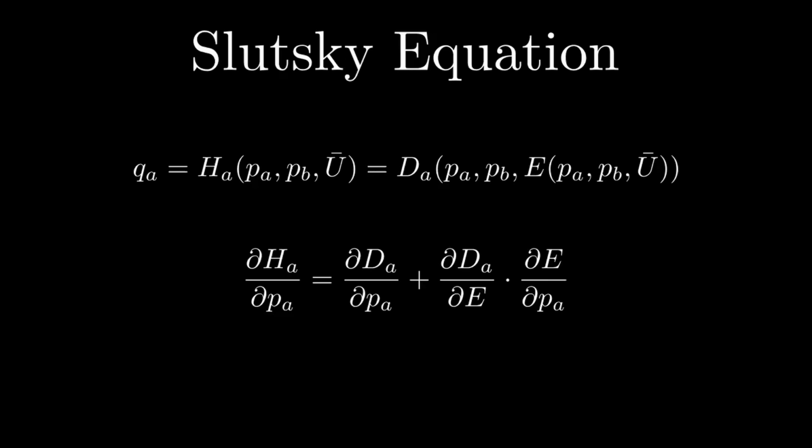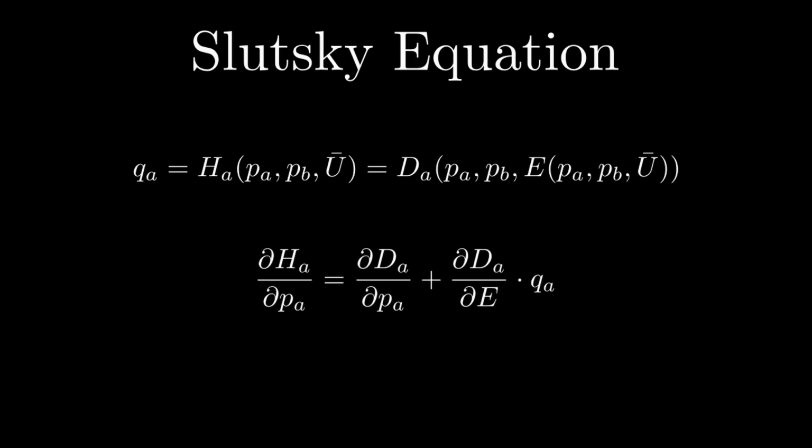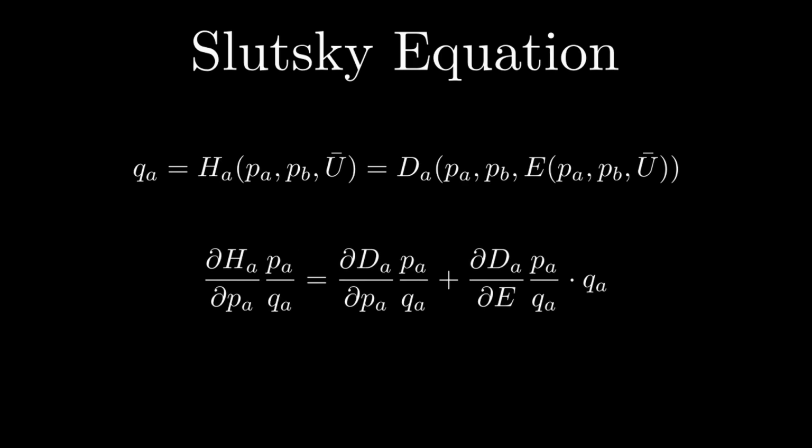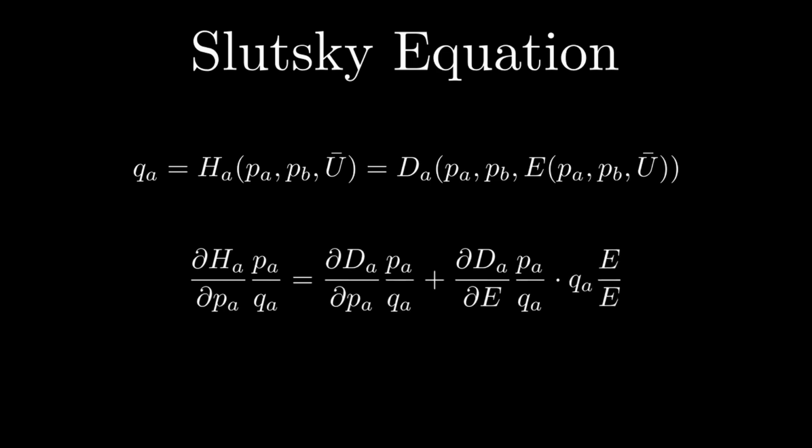We already know that the derivative of the expenditure function with respect to the price of A is equal to QA, which is the compensated demand for QA. Often it's easier to think of the Slutsky equation in terms of elasticities. So to see this, let's multiply both sides by PA over QA, and multiplying the most right term by E over E, which is just 1.